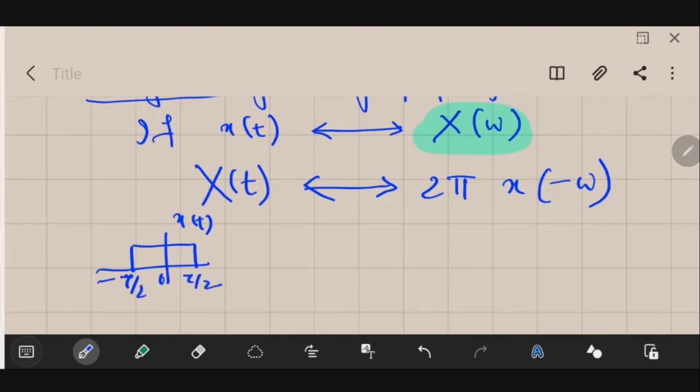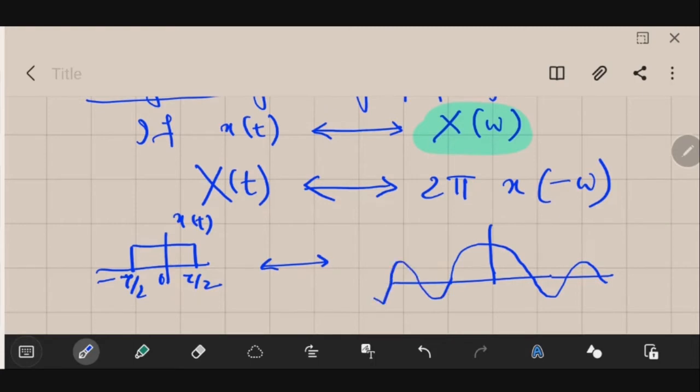This is a signal and we have tried to find out the Fourier transform of this signal. So we found out that the Fourier transform seemed like this. Okay, so this is basically your capital X of omega.